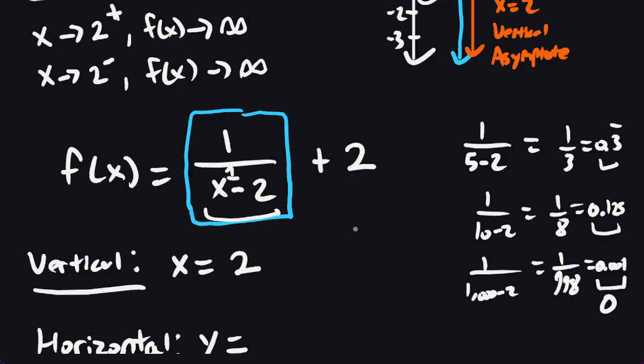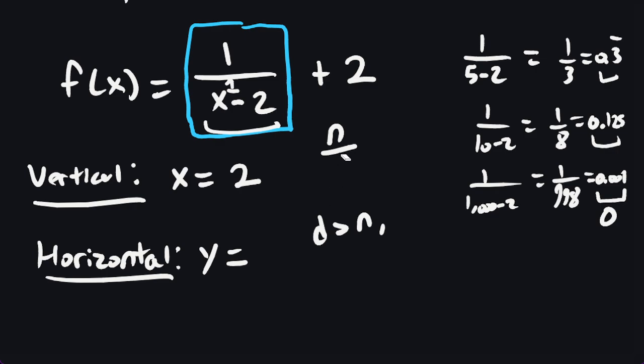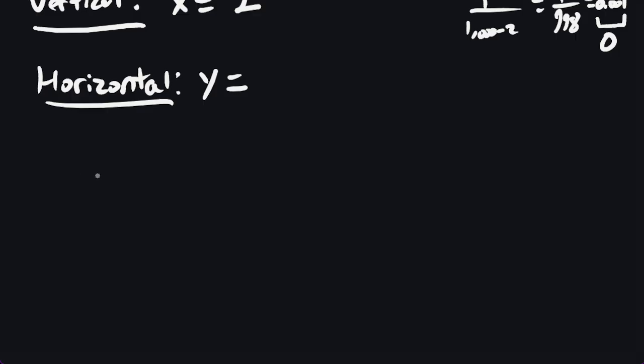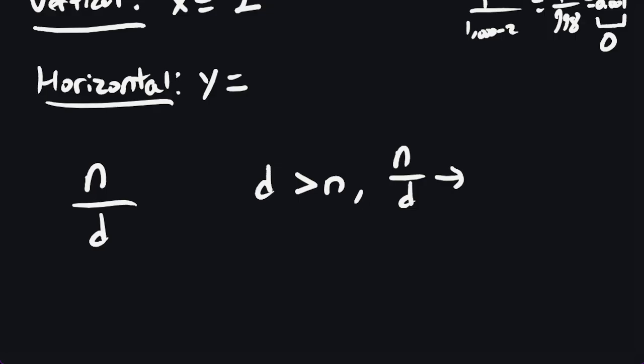So for any numerator over denominator, if the denominator's degree is bigger than the numerator's, then the fraction will approach 0.